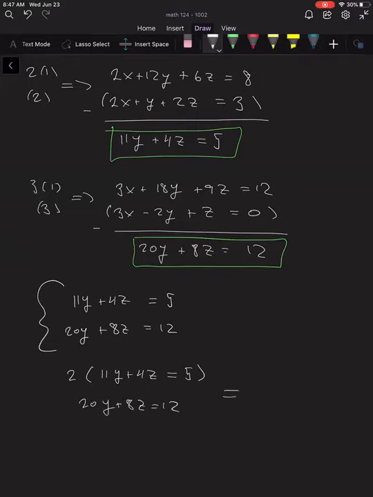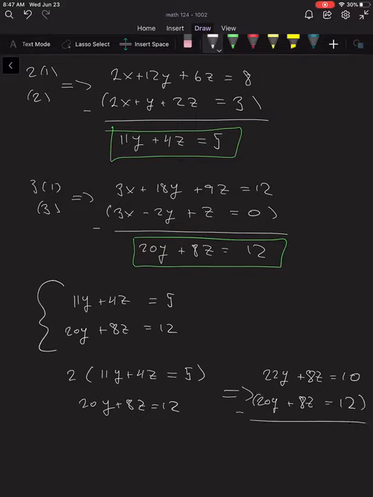So 2 times the first equation, we'll have 22y, 8z is 10, and then the bottom one will have 20y, 8z is 12. Subtract the two.